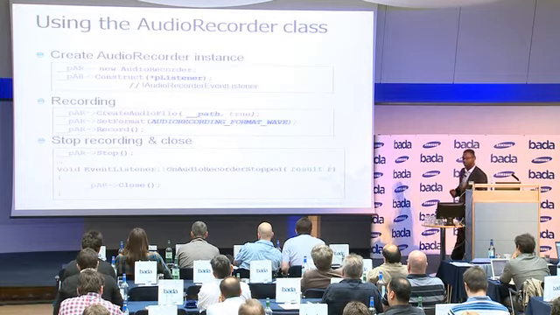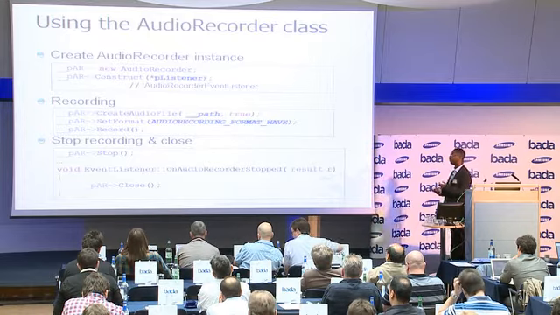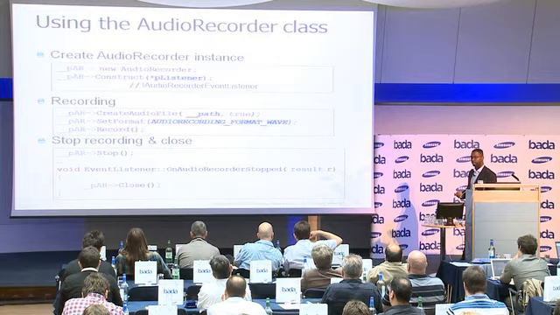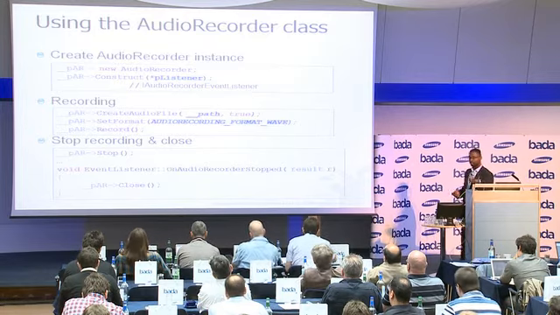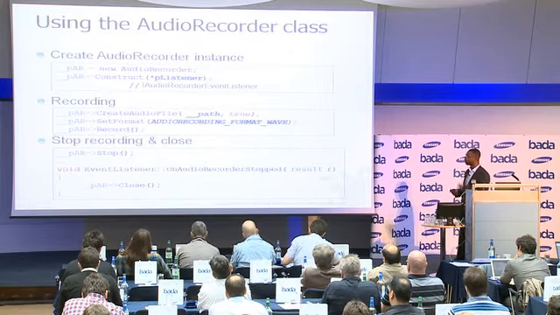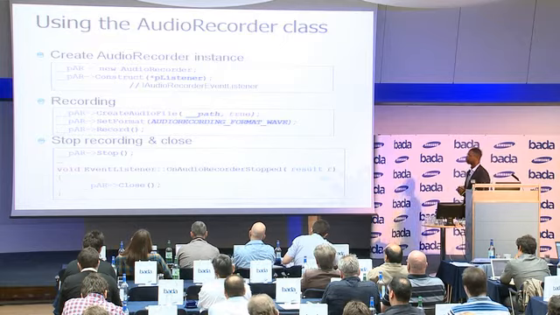Okay, so let's have a look at how we can achieve this in code. First of all, we create an audio recorder instance, and then to that, using two-phase construction, we pass the pointer to our listener. As you know now from the earlier presentations, the listener is the pointer to the object that inherits from the necessary interface class.